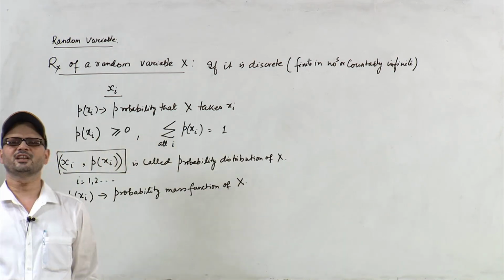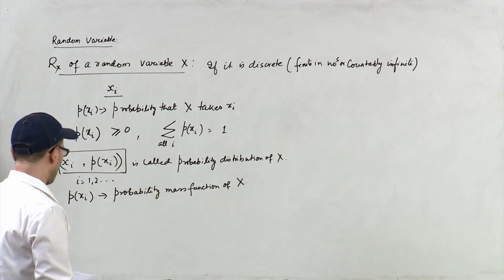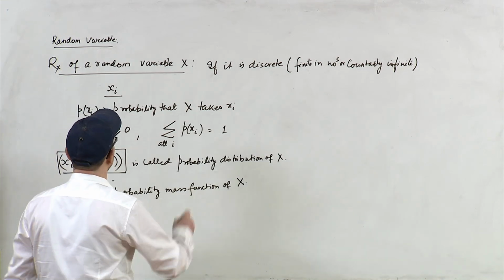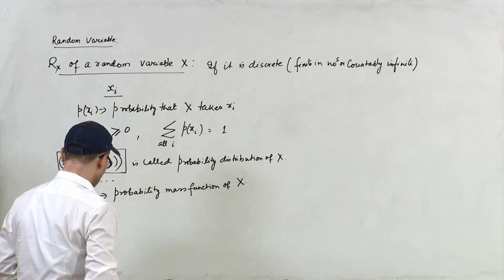So, x is the discrete random variable, and you have the possible values, that is xi.